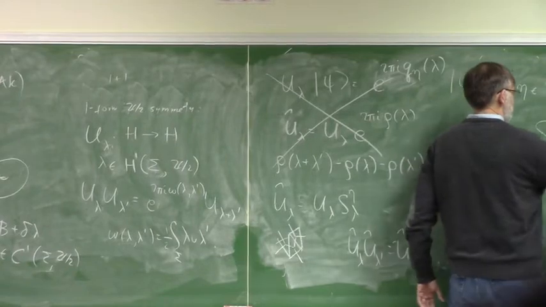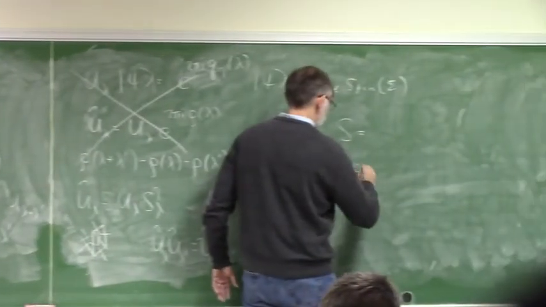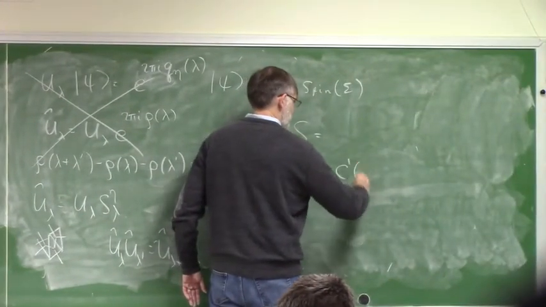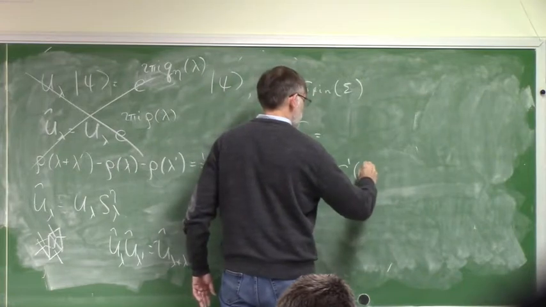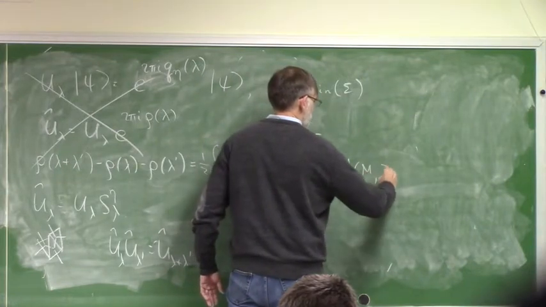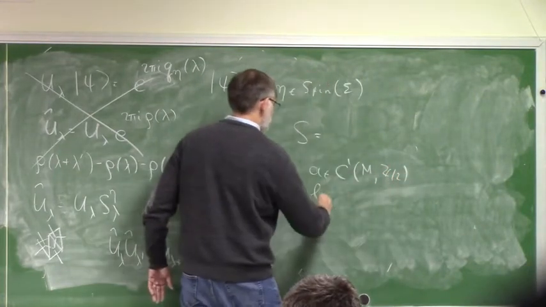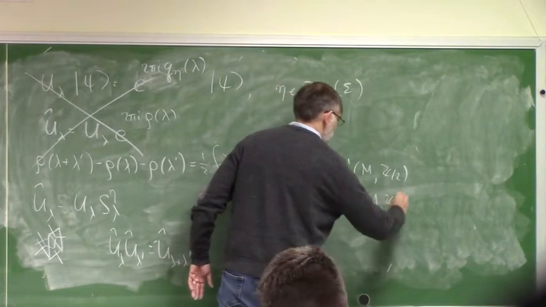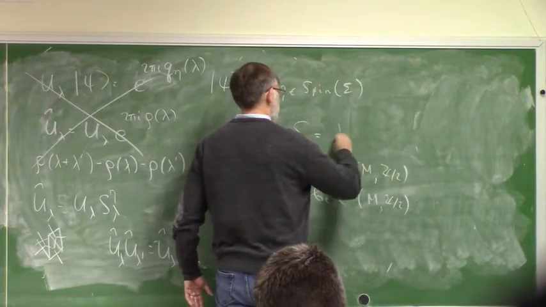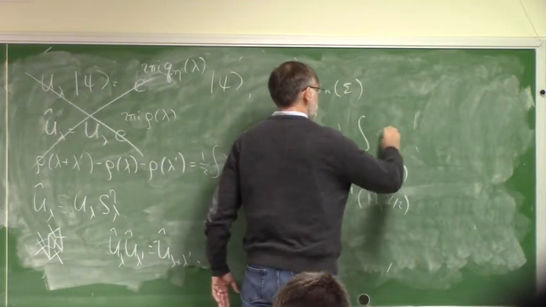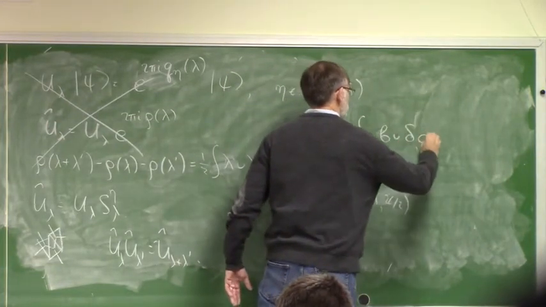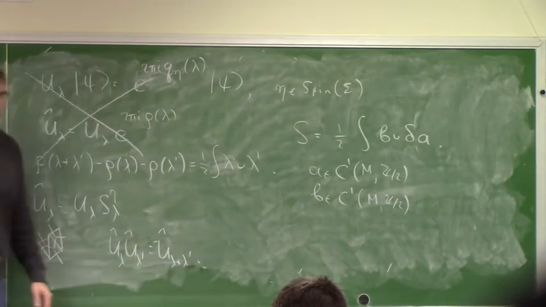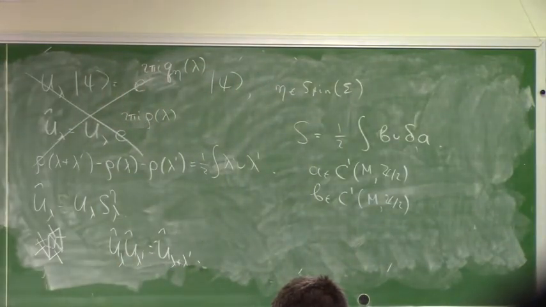We have a gauge field which lives on a chain in my three-dimensional manifold, with a coefficient that is a Lagrange multiplier, with some action like this. That's called the Z2 gauge theory.